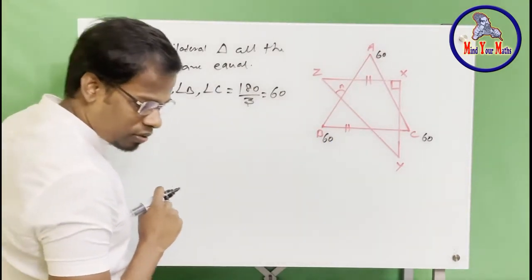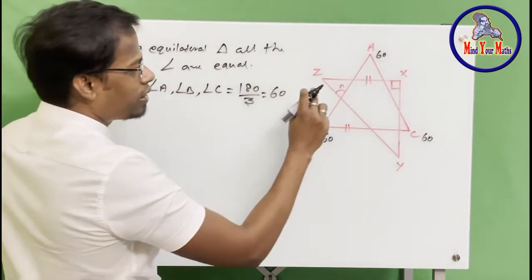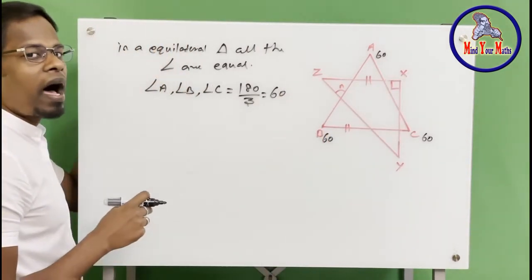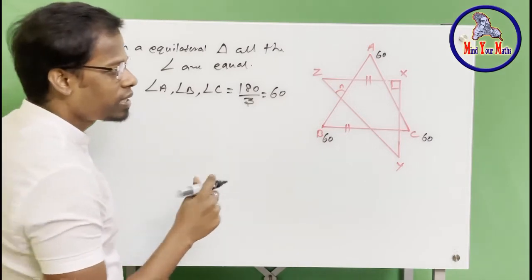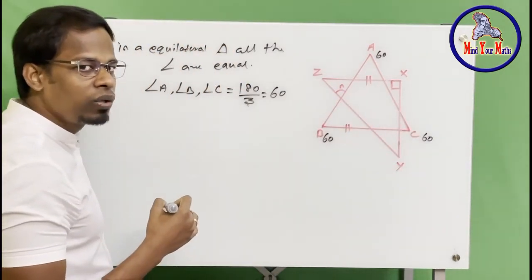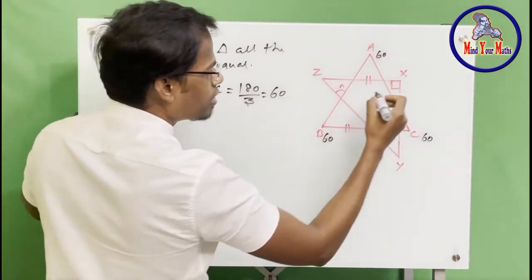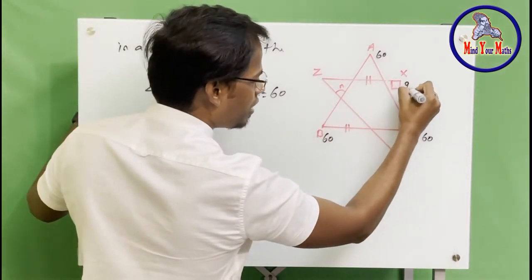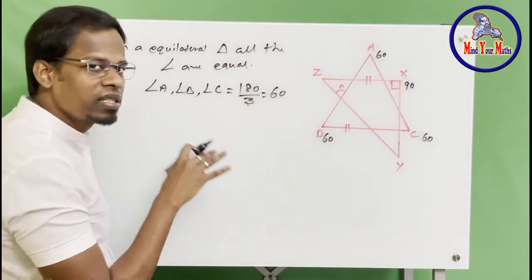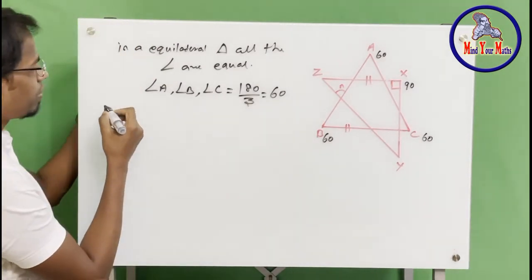Okay, so now the next one, it says that this triangle XYZ is an isosceles triangle, and this is a right angle. That is also another clue given in the problem, which means this one is 90 degrees.